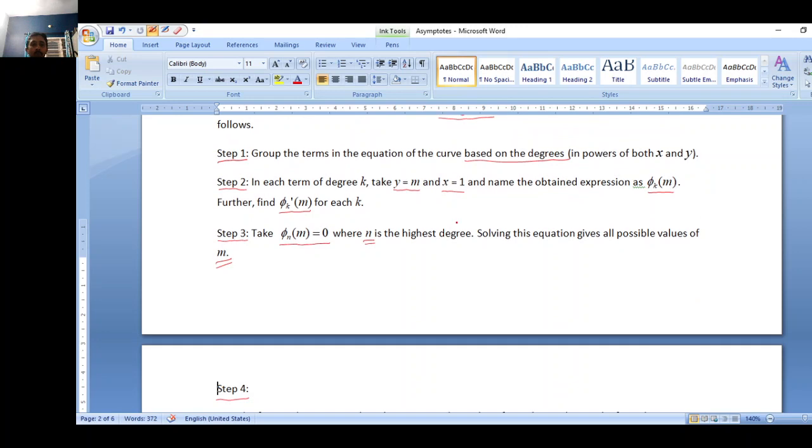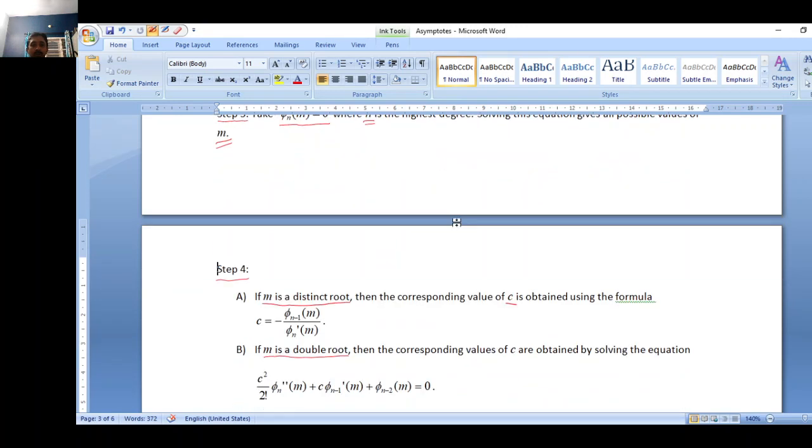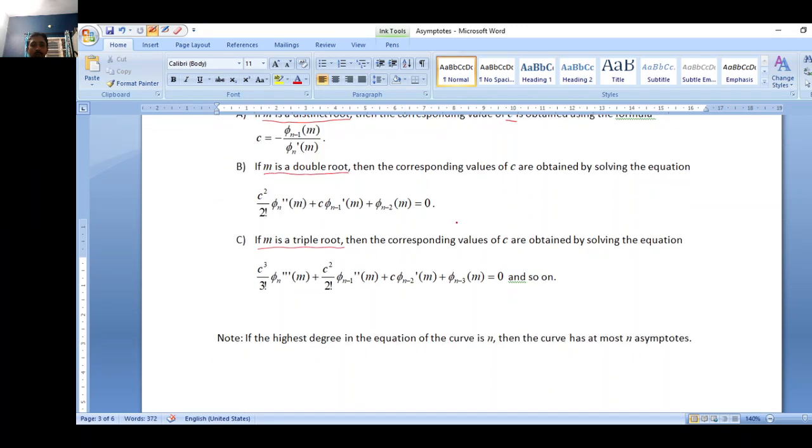Now before we move on to problems, there's one thing that has to be remembered very importantly, and it is that if the highest degree term of the curve has degree n, the curve has at the most n asymptotes. What am I trying to say here? If the highest degree term in the given equation of the curve is say 3, then the curve has at most 3 asymptotes.